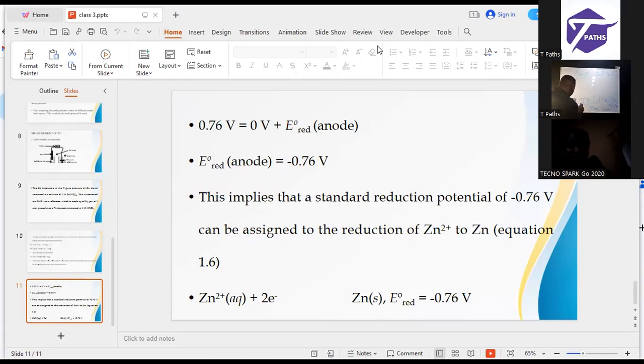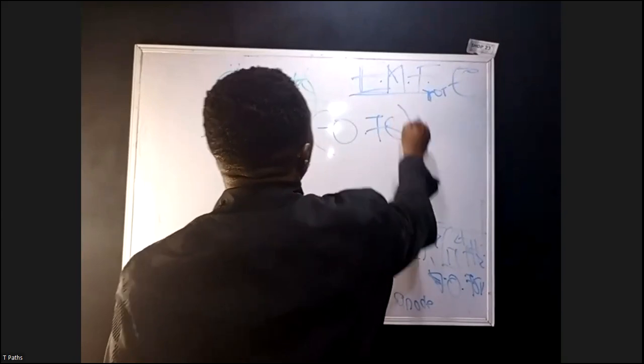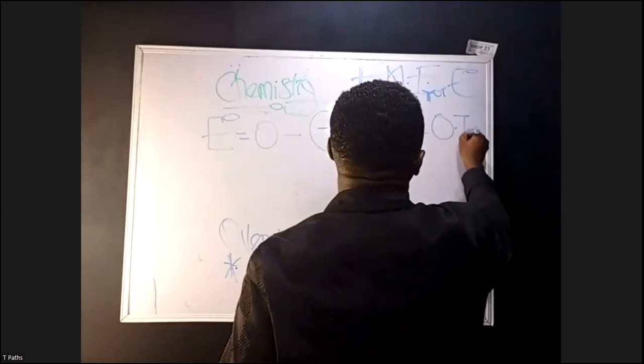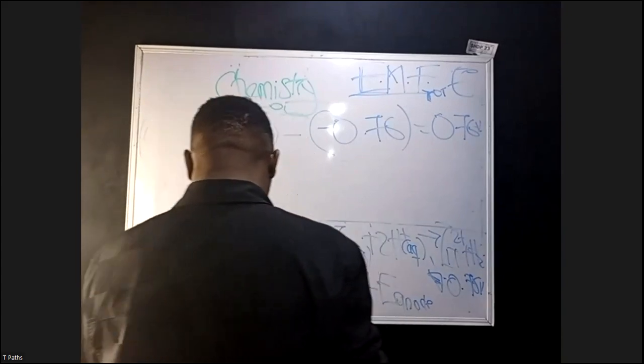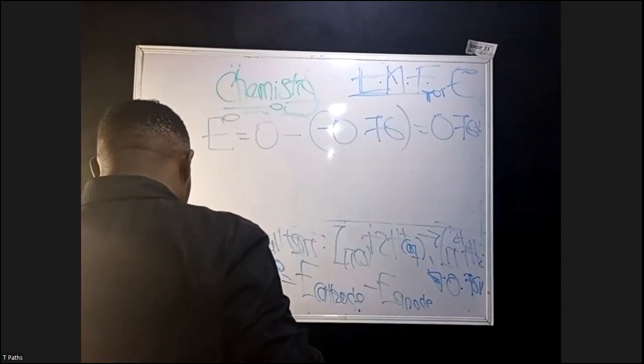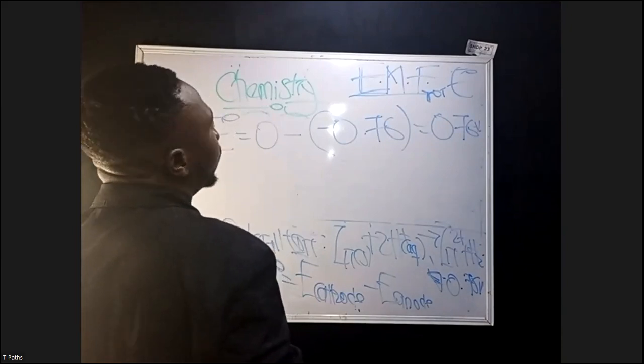What happens here is that we say 0 minus, so this is minus 0.76 volts. Sorry, you get 0.76 volts. And this can be said to be 0.76 volts for the E naught of the cell.